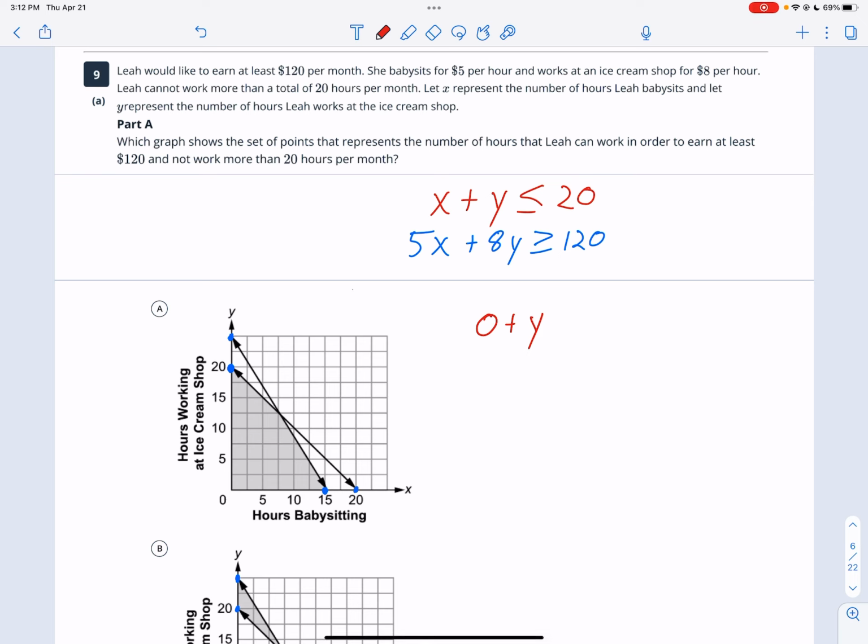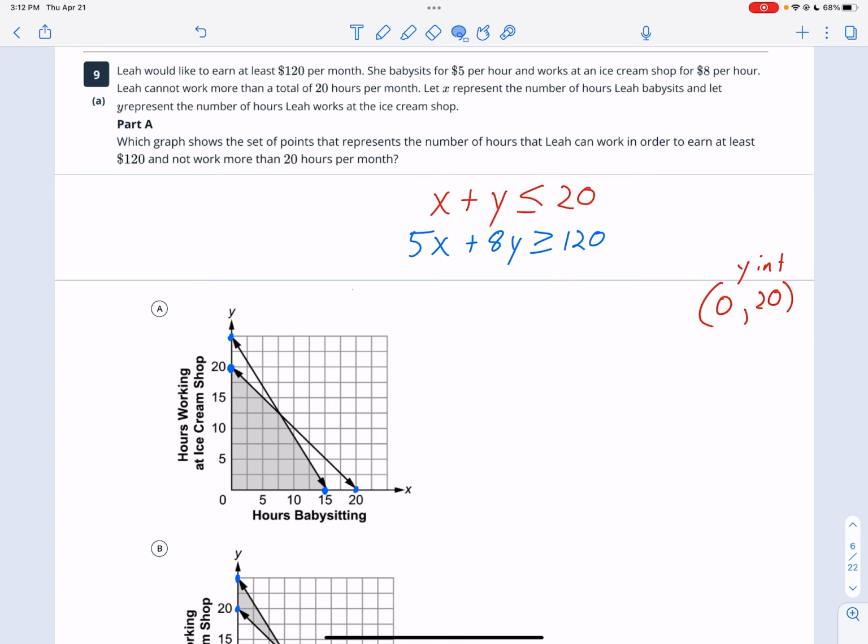I'm just going to write the equation because I'm just going to write the boundary. So y is equal to 20. So this point should exist when x is 0, y is 20. This point should exist on our graph somewhere. So this is our y-intercept of the red equation.